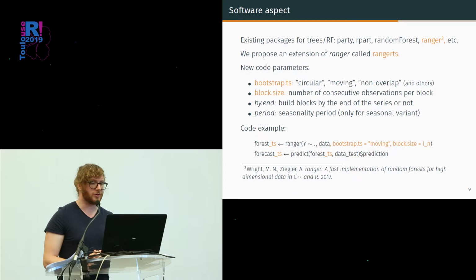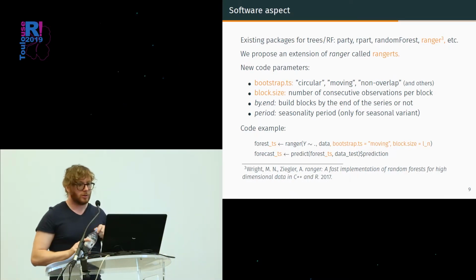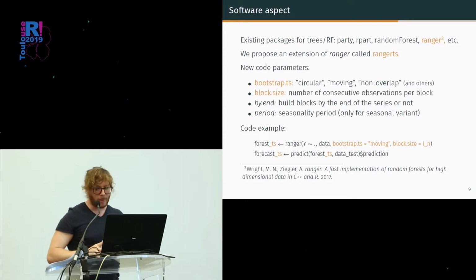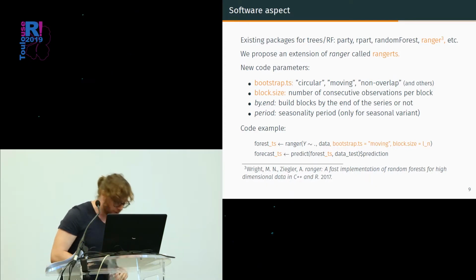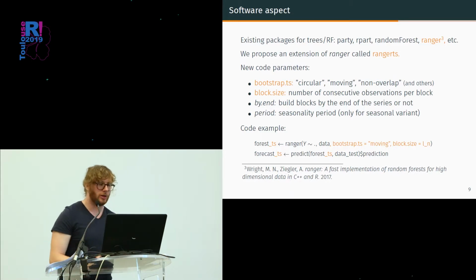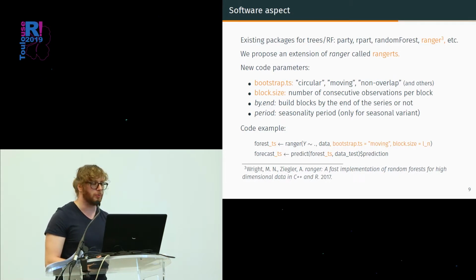So we implemented this method in R. We did some kind of extension of the package called Ranger. There are many packages for trees and random forest, but Ranger is pretty easy to manipulate, at least for the code part. If you are familiar with Ranger, it's the same, we just added 2 main new parameters.